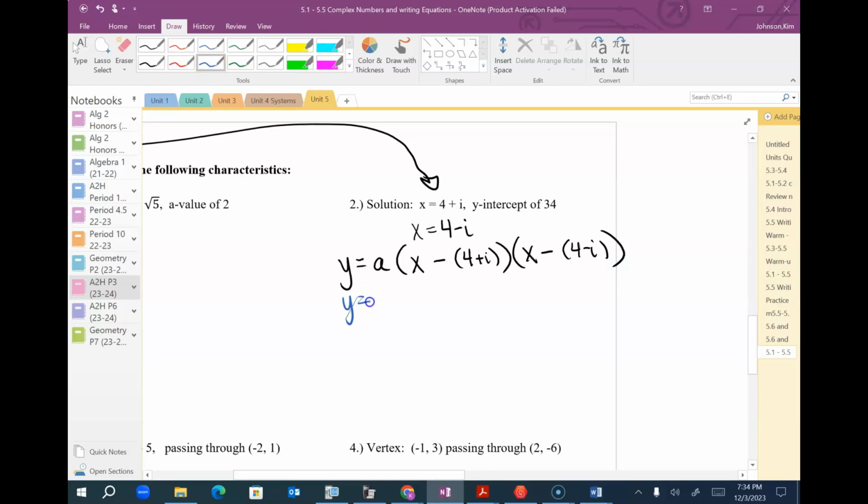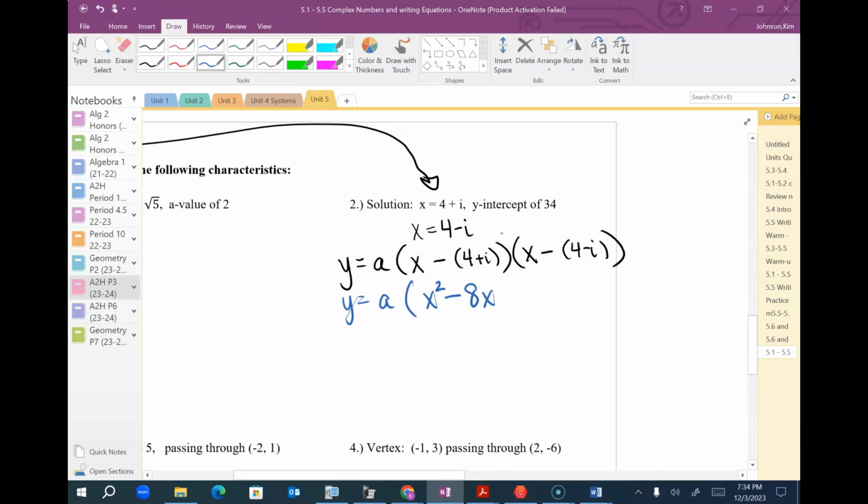Multiplying that out, I'm not going to multiply the a out yet, but that gives me x squared. And then it's going to be negative 8x, right? Because it'll be negative x times negative 4 and negative 4 times x. So negative 8x.